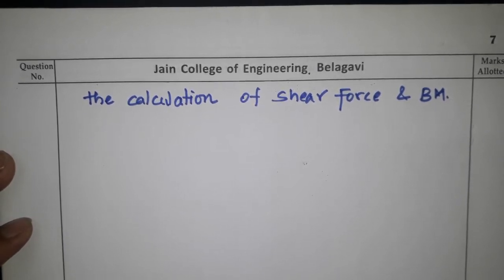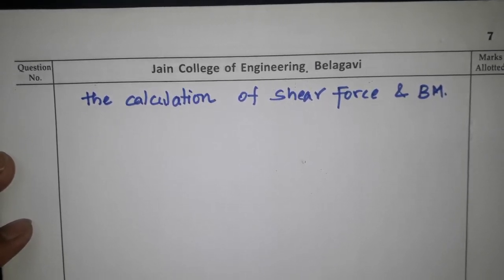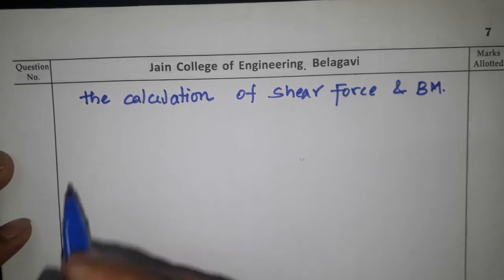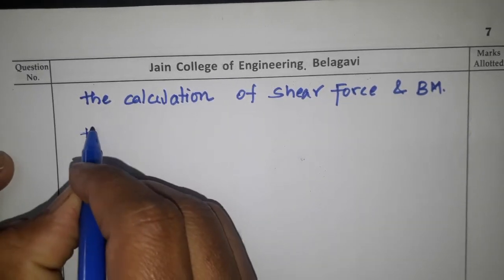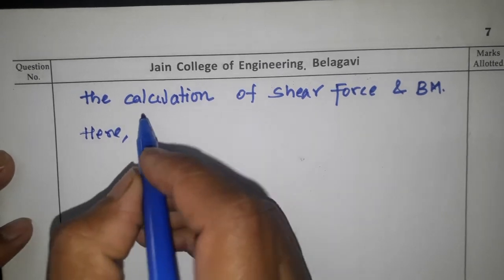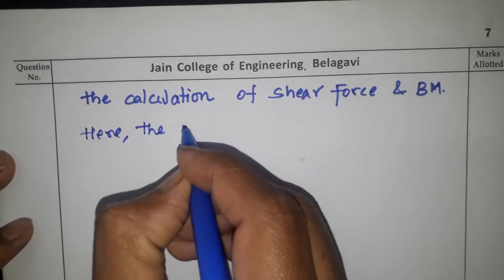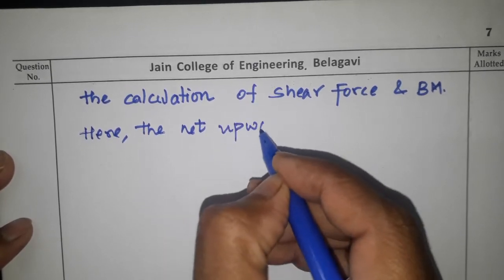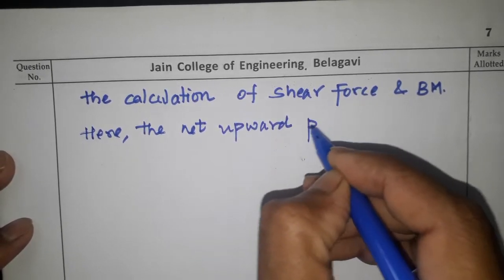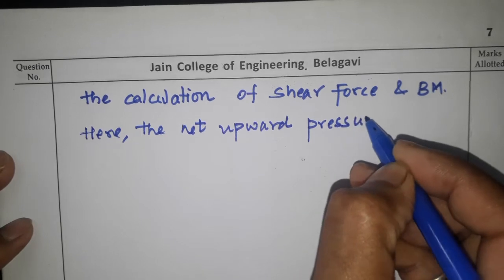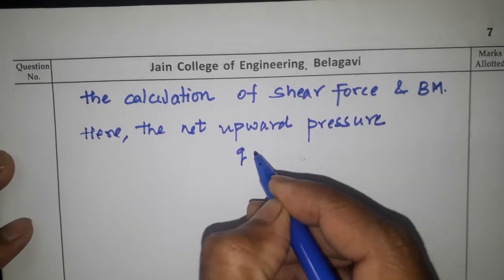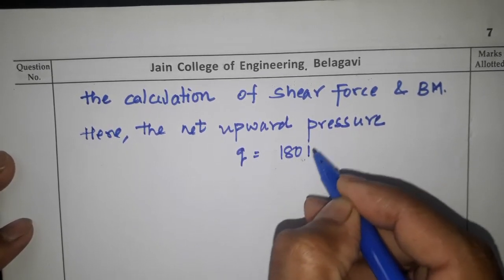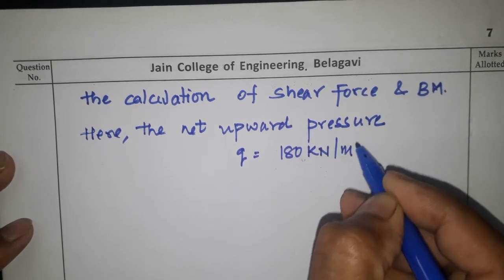As you know, the net upward pressure Q you got as 180 kilonewton per meter square.